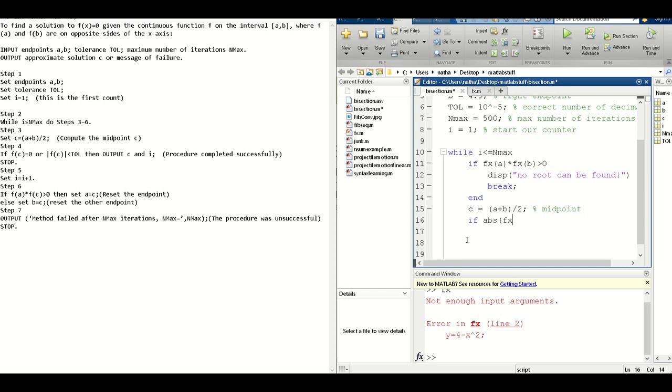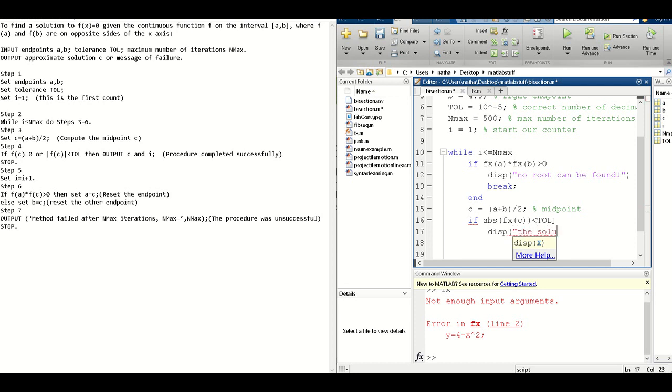So if the absolute value of the y value at C is 0, or less than the tolerance, then we need to display, okay, we found a solution at this point.